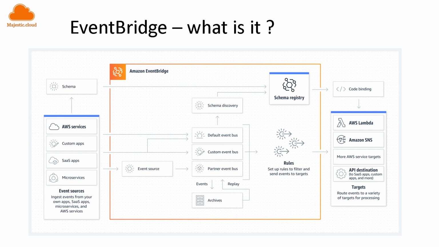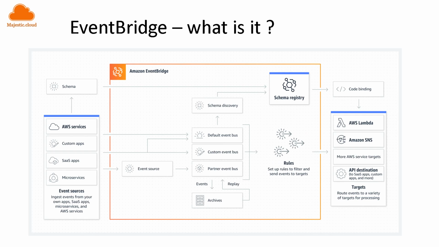I won't go into too much detail on what EventBridge is, as you can find the definitions on its website. Let's just say that EventBridge is a serverless service that allows you to use events to connect different application components together. This way you are able to build scalable event-driven applications. It will route events from one source to another.